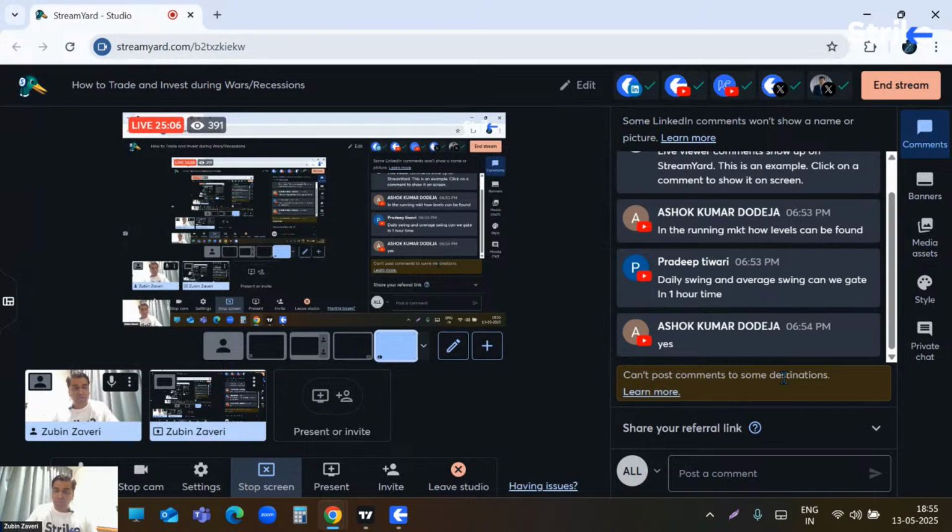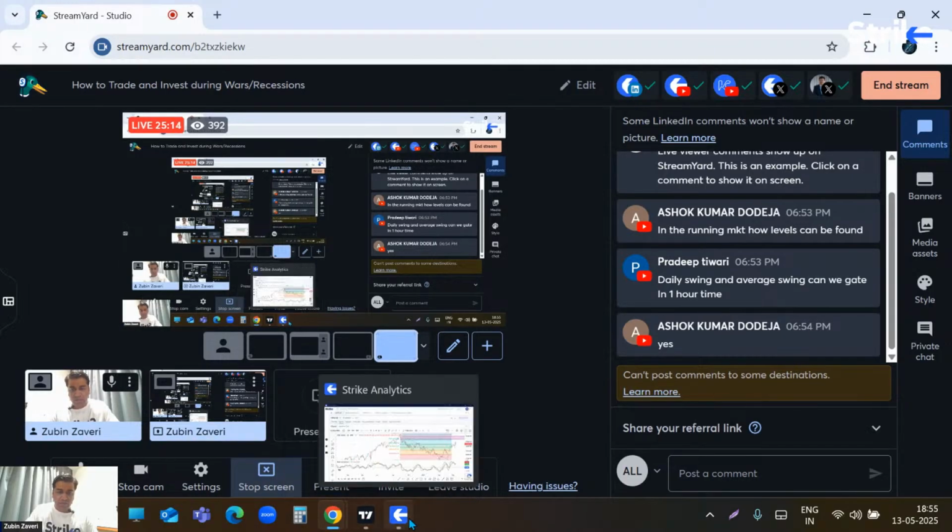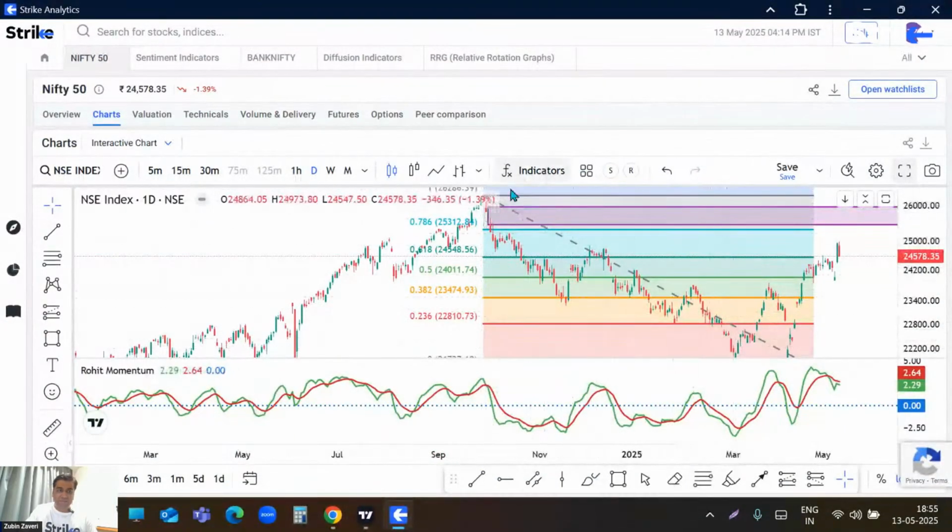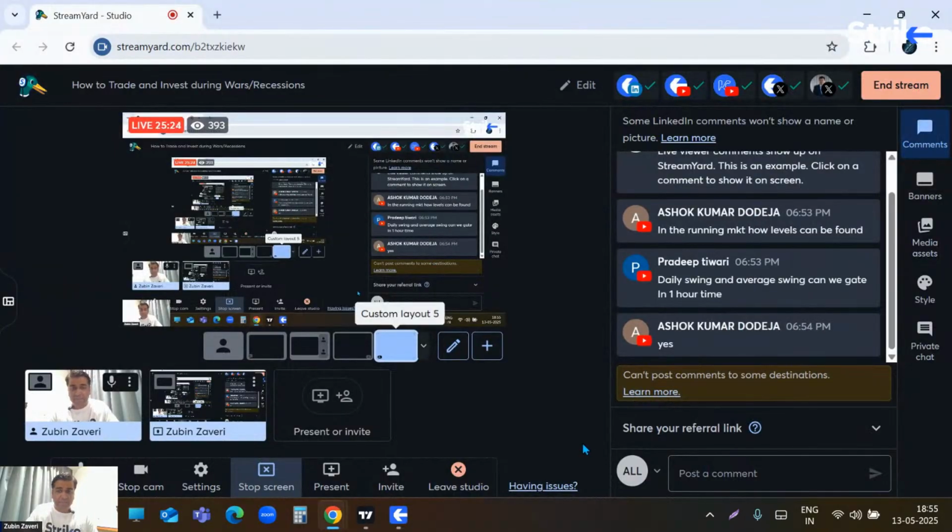So during market hours, how can the levels be found? The same way, Ashok Kumar ji, that we are reading charts, we can find out the levels. I always am of the opinion that all the analysis you do, do it the previous night, stay prepared, and then during market hours you only execute what you have planned.